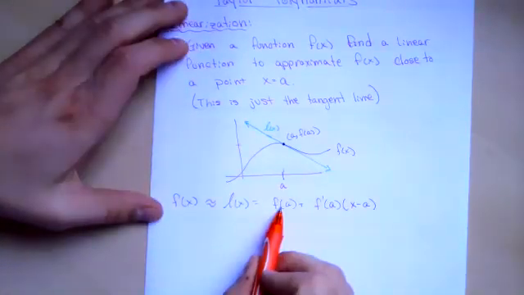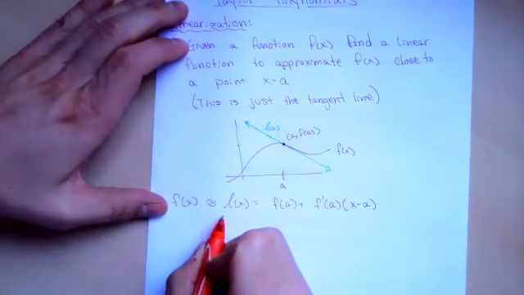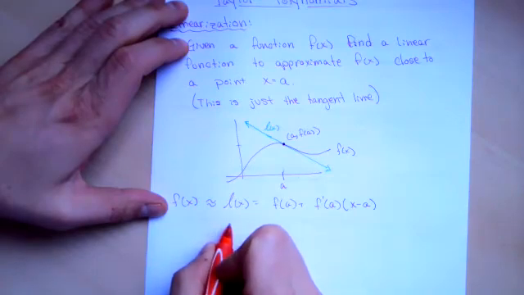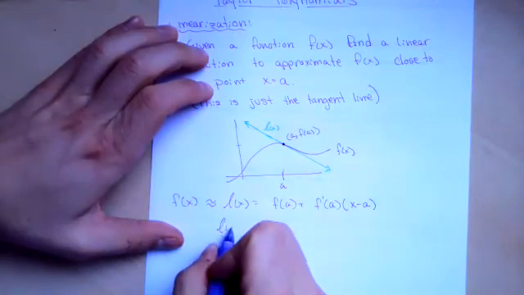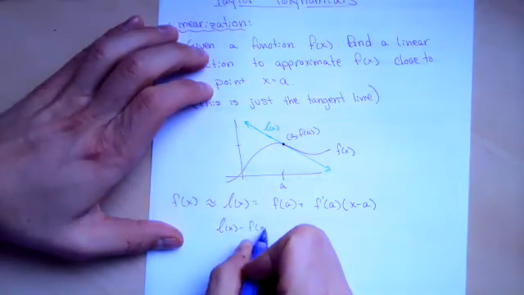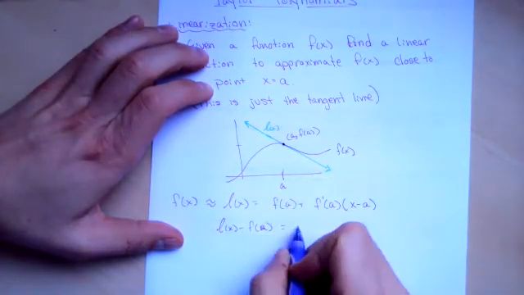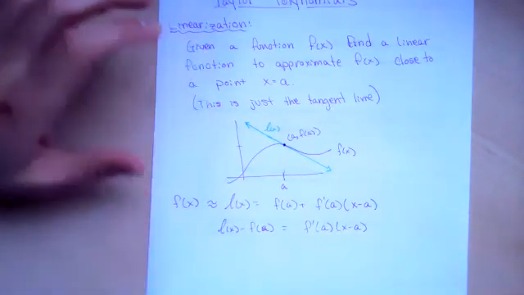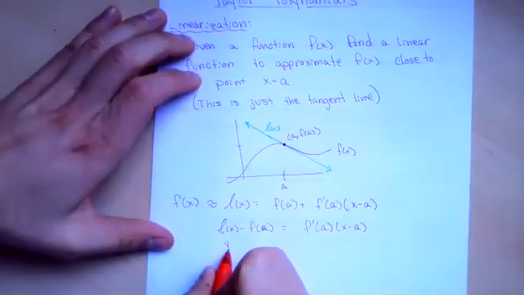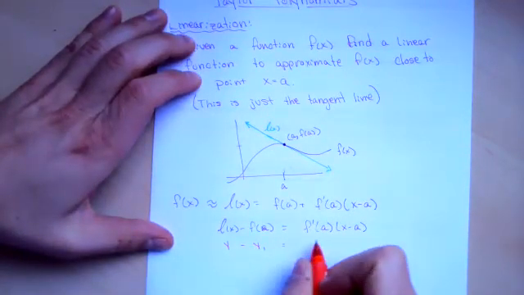So really how you can also think about this is, if I move this f of a over, this is just L of x minus f of a is equal to f prime of a times x minus a. All we did was point slope form.